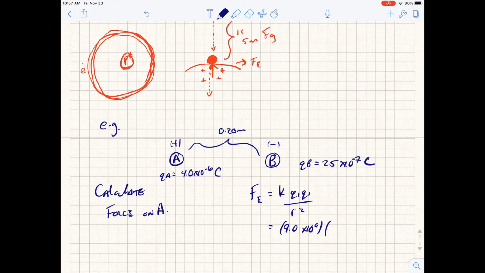So we can just plug in our numbers and see what happens. 4.0 times 10 to the negative 6 coulombs times 2.5 times 10 to the negative 7 coulombs divided by r squared, which is 0.20 squared. So calculating the force felt on A will give us the magnitude. Now, how do we deal with the positives and negatives of the charge?